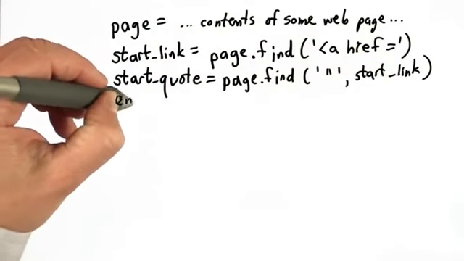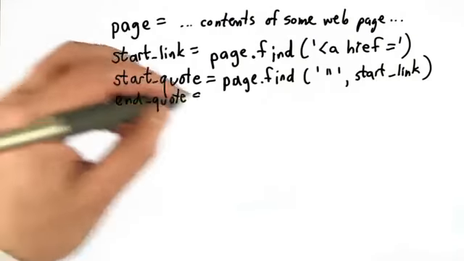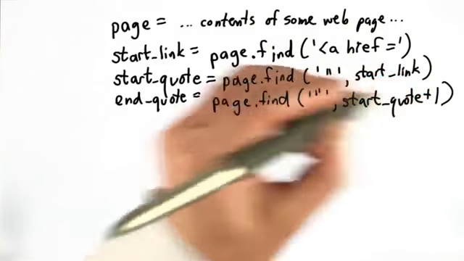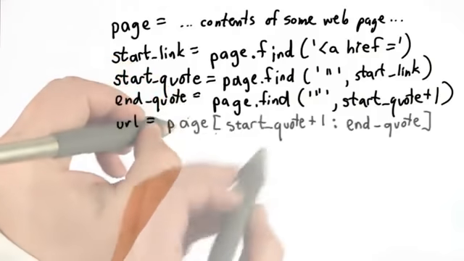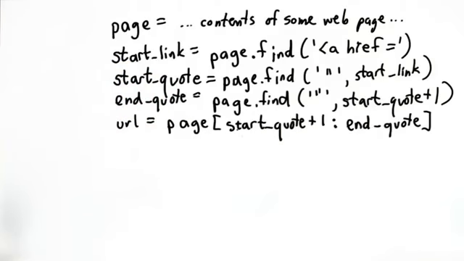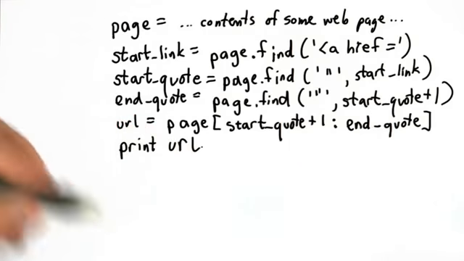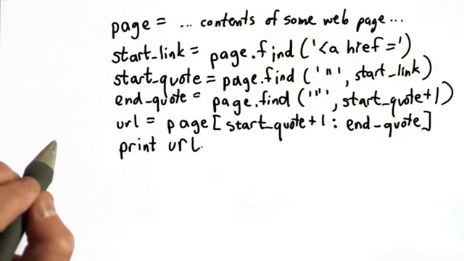Then we initialize the variable end quote to the result of invoking find on page to find the first quote following the start quote. And then we assign to the variable URL, extracting from the page from the character after the start quote to the character just before the end quote. We could print out that URL. And this worked to find the first URL on the page.